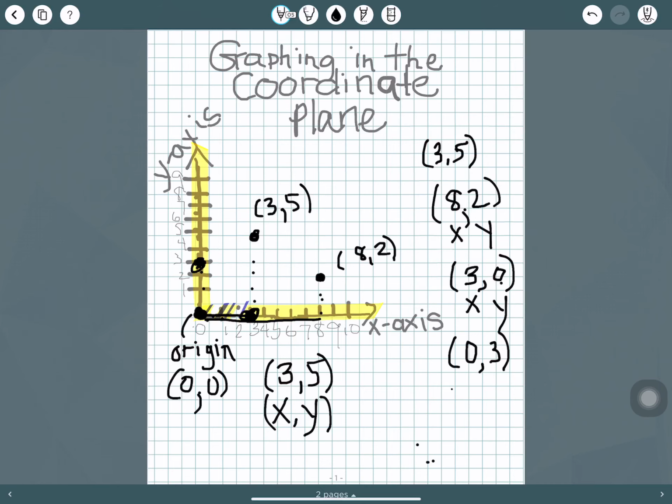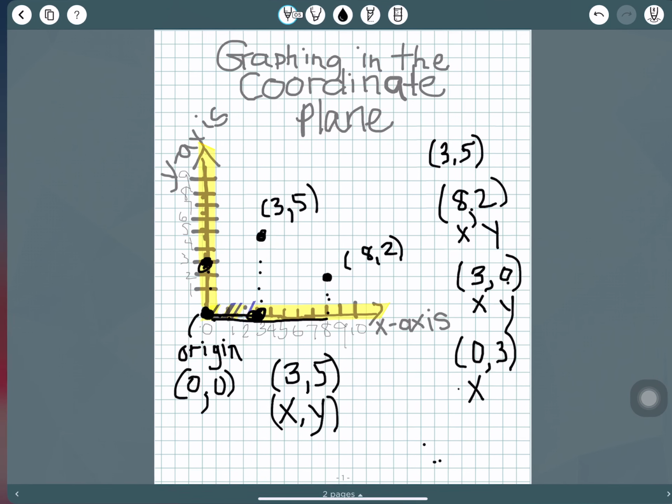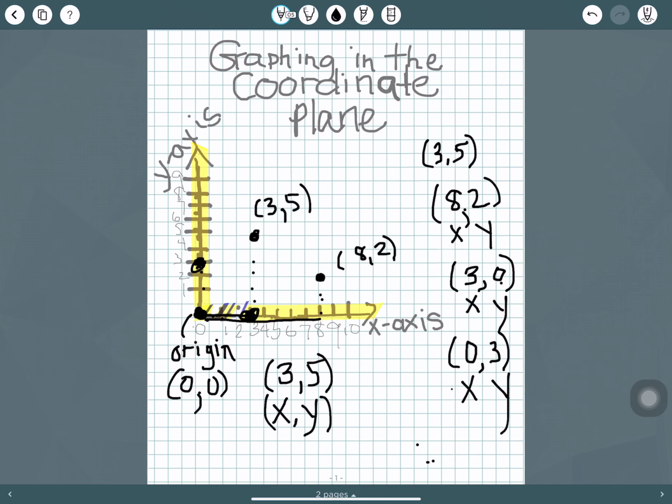There we go. Okay, so we're not going any over on the x-axis, and we're going up 3 on the y-axis.